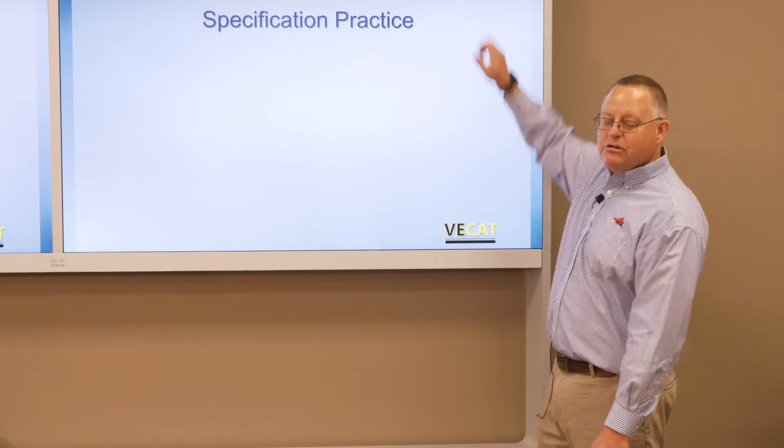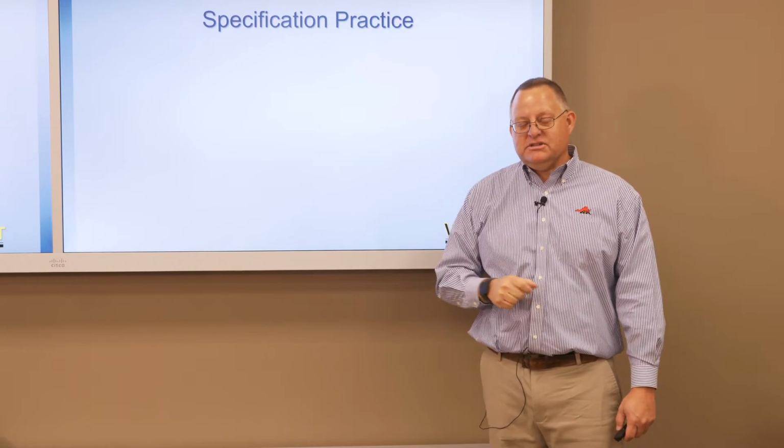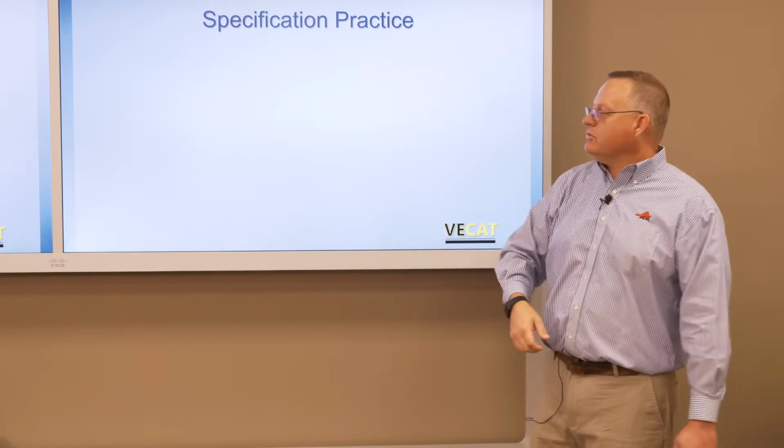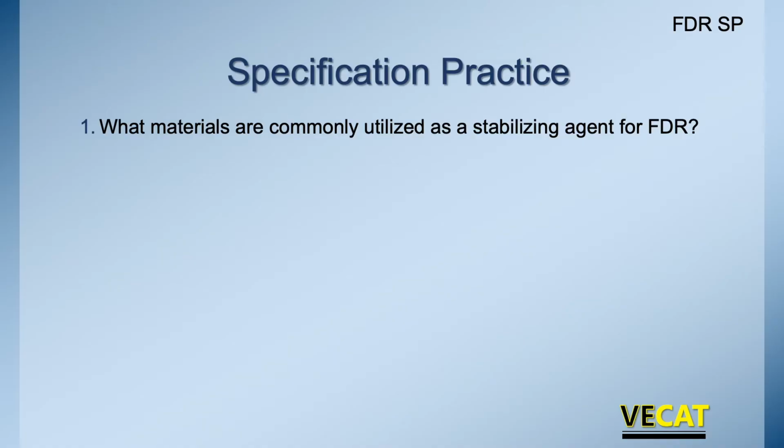All right, so now that we've had some time to go through the specs, let's go through them. Make sure you're looking at that FDR special provision that's in your book. Open it up and we'll walk through each one of them. So what are the commonly utilized materials in full depth reclamation? Well, if you look in Section 1, Description, and Section 2, Materials, you've got two spots.